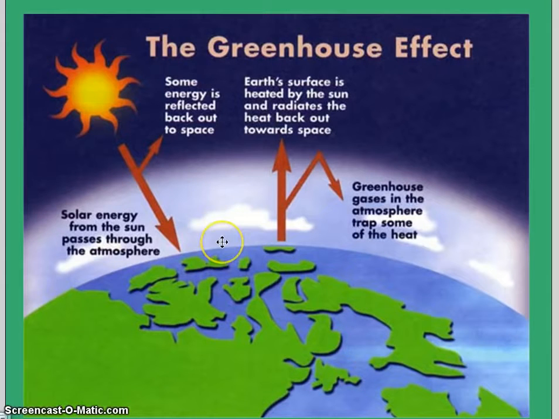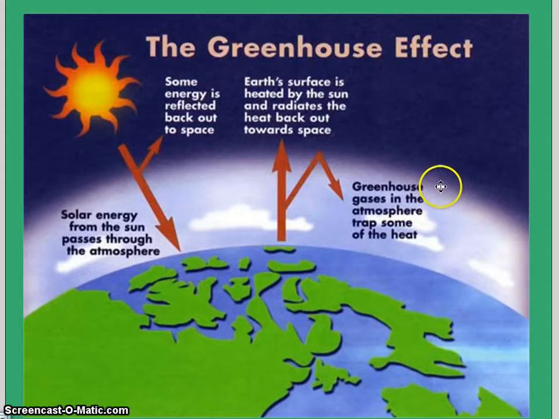It keeps us cushioned. You also notice that it says that Earth's surface itself will release some of that heat from the sun, and it radiates that back out toward space. So Earth actually loses some of its heat as well. But what keeps some of that heat in is also our atmosphere. And notice the title of this screen says greenhouse effect.